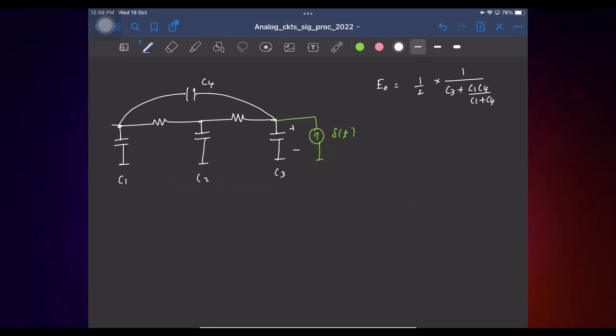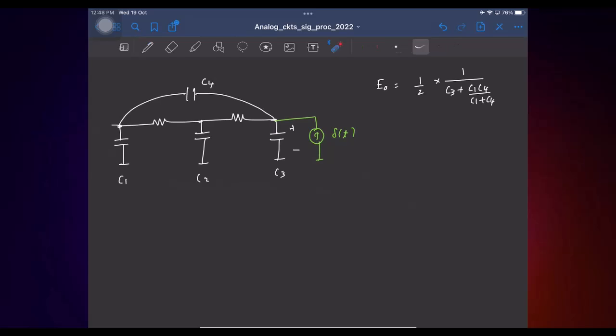Now, what happens as t tends to infinity? C3 and C2 do not have a path to discharge. What about C1? C1 also does not have one.